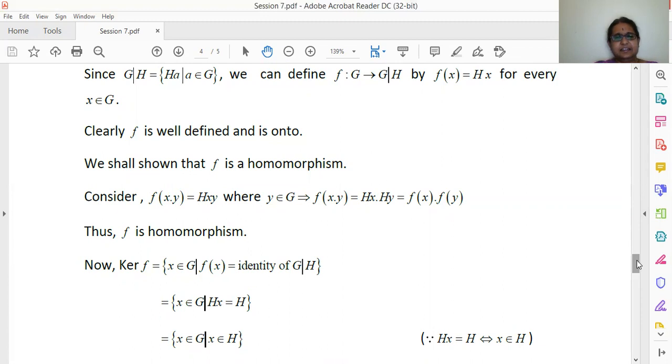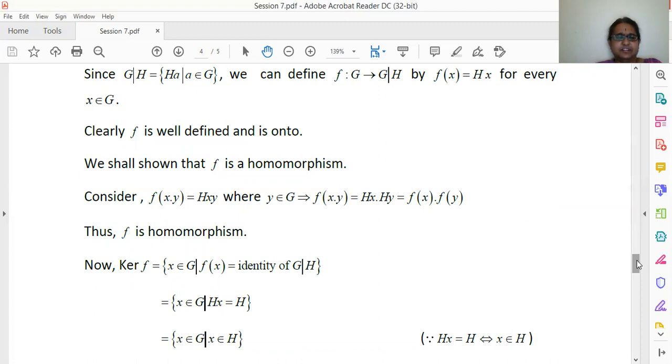On the left hand side what we have got is Hxy. On the right hand side we have Hx dot Hy, and again Hx dot Hy is Hxy. Therefore f is a homomorphism.